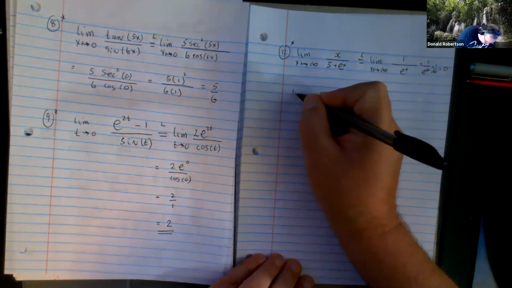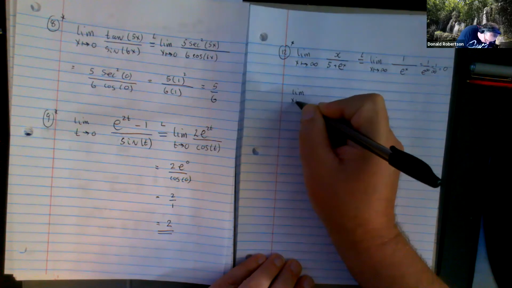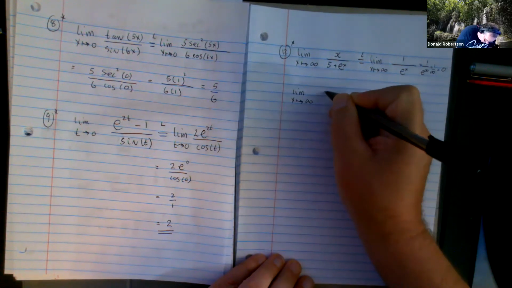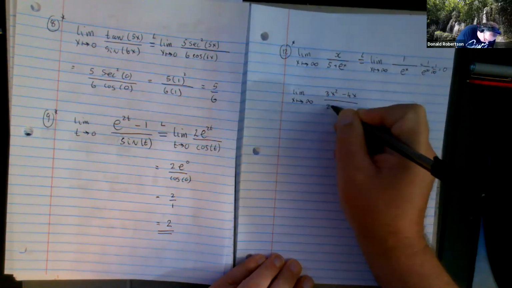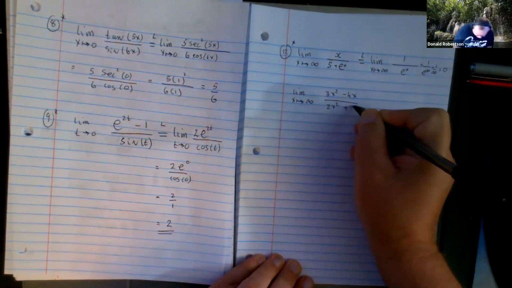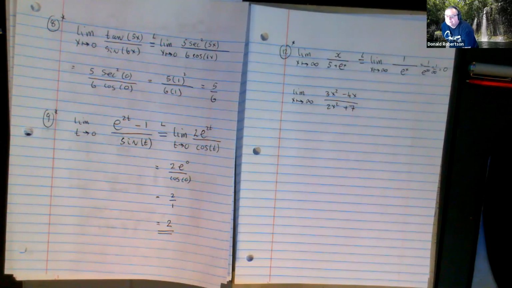Suppose I did the limit as x tends to infinity of that guy. Okay, if you plug in infinity, you get infinity on the top divided by infinity on the bottom.